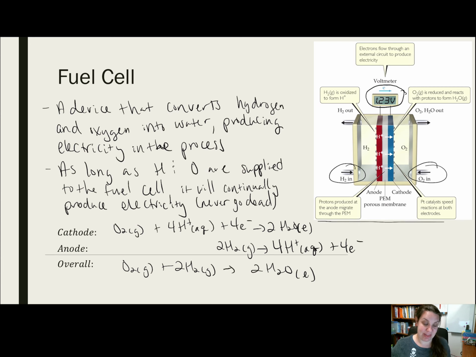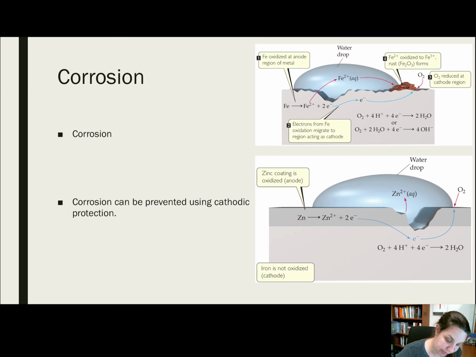The last thing I want to talk about in this video is the idea of corrosion and preventing corrosion. Corrosion itself is oxidation. It's just a fancy way of naming it. The most common oxidation or corrosion process that we are probably familiar with is rusting, which is going from metallic iron into iron 2 oxide and then iron 3 oxide.